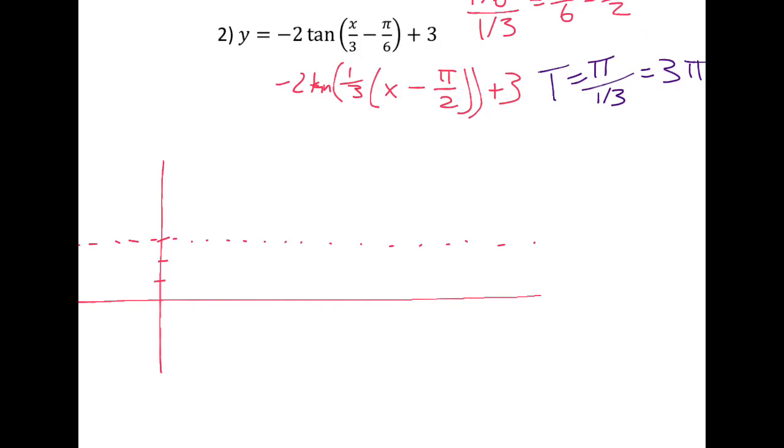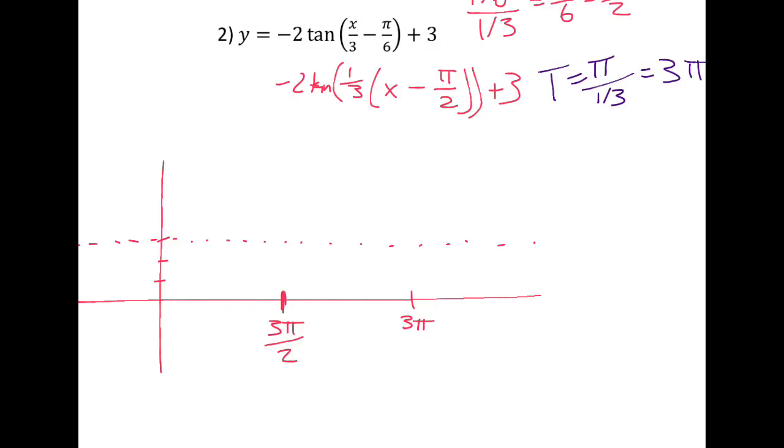And so, this one's going to be a little goofy, a little tricky, but we can do it. So full period is 3 pi. So I'm going to label this right here as 3 pi. Let's split it in half and label this 3 pi over 2.